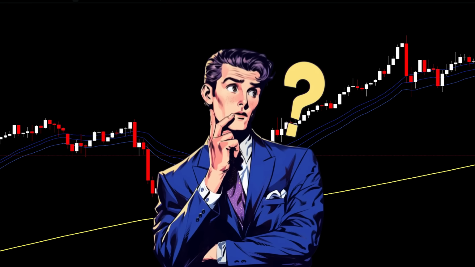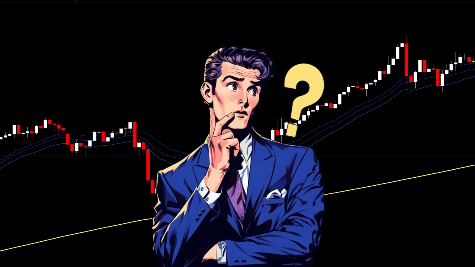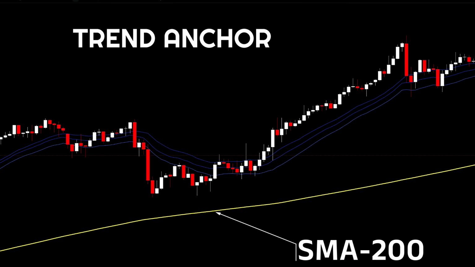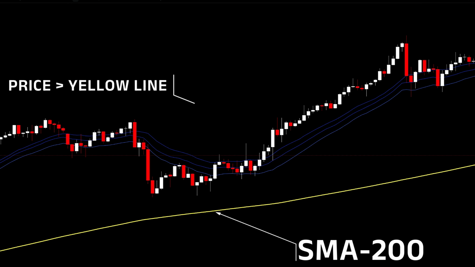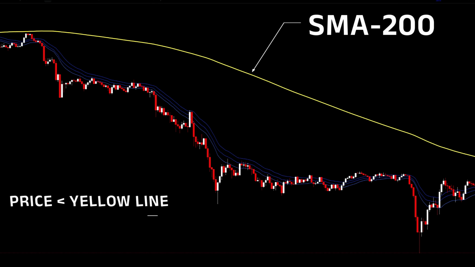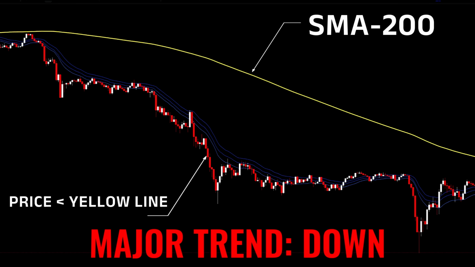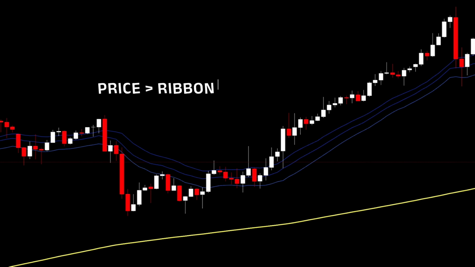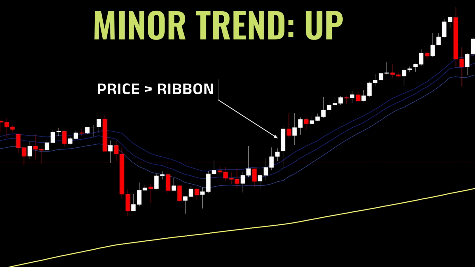So, first, understand what the ribbon and the trend anchor are telling us. The yellow 200 SMA, the trend anchor, shows the major trend. Price above it, the major trend is up. Below, major trend is down. The ribbon shows the minor trend. Price above it, the minor trend is up.